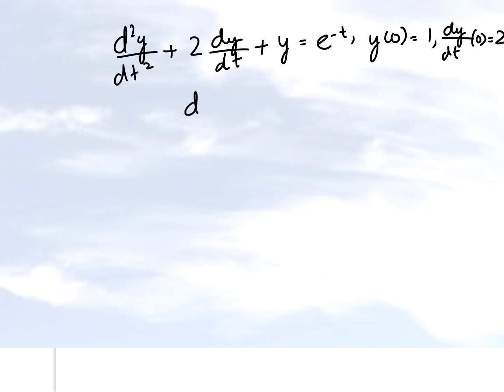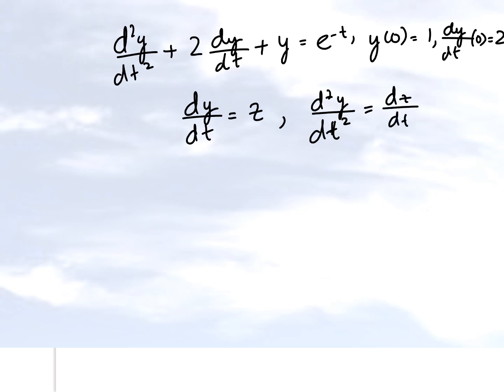So I'm going to introduce a variable called z. So dy by dt will equal z, which simply implies that the second derivative of y with respect to t will be given by dz by dt, and this is what's going to help us to reduce the second order differential equation to simultaneous first order differential equations.